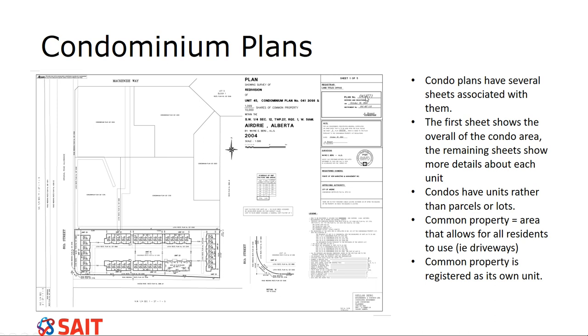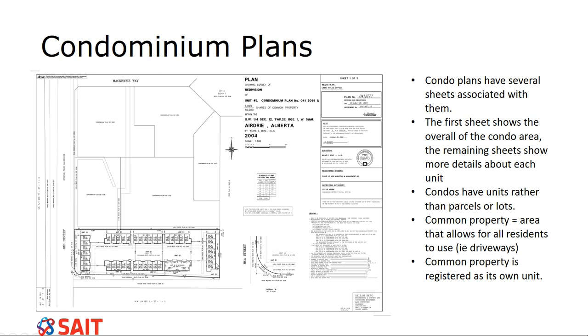This plan was created in 2004, so we can see that number there. And there are the shares: how many shares of this particular plan, and this unit has this many shares of the common property. So it's going to show that information.